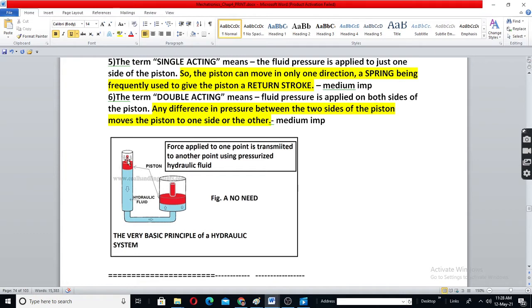If you push this piston, the hydraulic fluid or liquid will transfer the movement from this piston to this piston. So this is the driver and this is the driven. So this is a linear hydraulic actuator. Okay, hydraulic pressure is going to provide a linear motion.